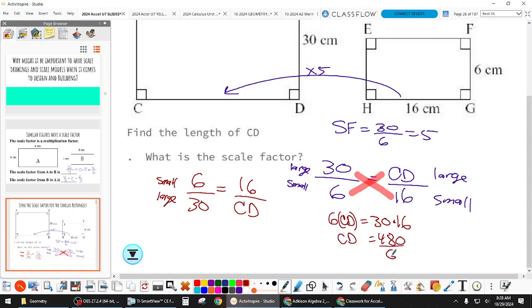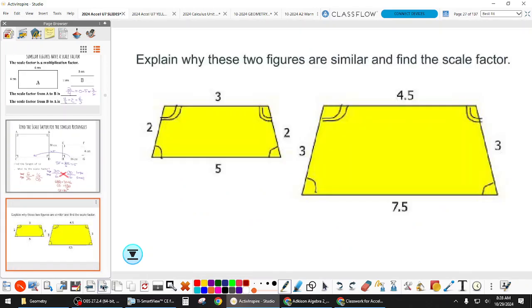And so divide that by 6, and you get 80. Okay? Cross multiply, set equal, that was our mantra. But this is starting to show you how we're going to use proportions to solve figures now. Okay? Set up a valid or a true proportion and then solve from there.